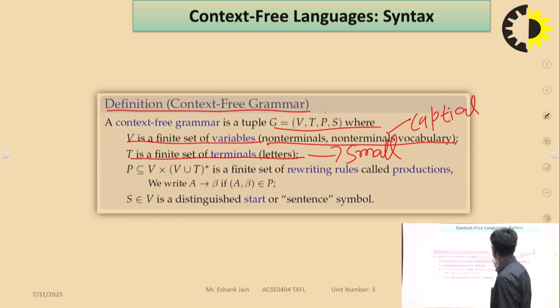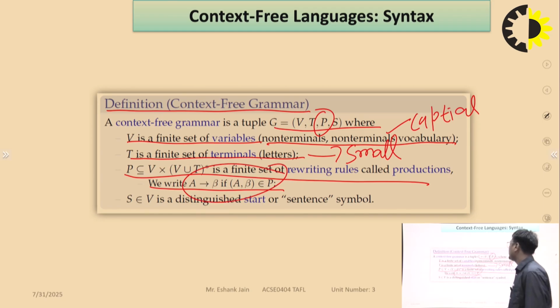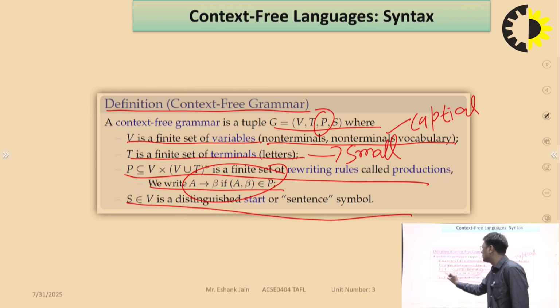P is the set of productions in the form A tends to beta, where (A, beta) belongs to P, and S is the starting symbol that belongs to V.